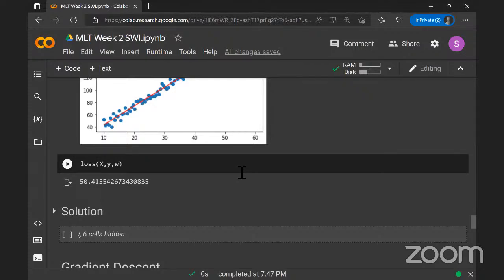So for example, I want to predict the marks of a student in a coming exam. Of course, the exam has not happened, so I don't know the student's marks. But what I can do is I can see their past performance, right?